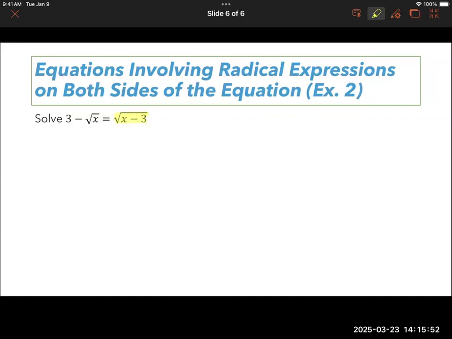So for example, if I'm comparing between the square root of x minus 3 and just the square root of x, using the square root of x minus 3 is the one I want to isolate because it's bigger. It's got more inside of the radical. That's what I mean by bigger. It doesn't really matter, but it does make it a little easier if you have a choice.